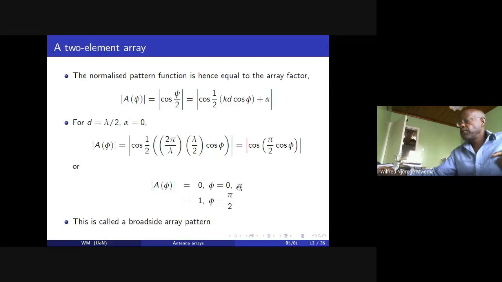And therefore, for you to attack the coastline, you needed to orient your ship parallel to the coastline so that your cannons could be directed towards it. Since we are on the broad side of the ship, our array is radiating in a direction that is normal or perpendicular to the axis of the array itself.